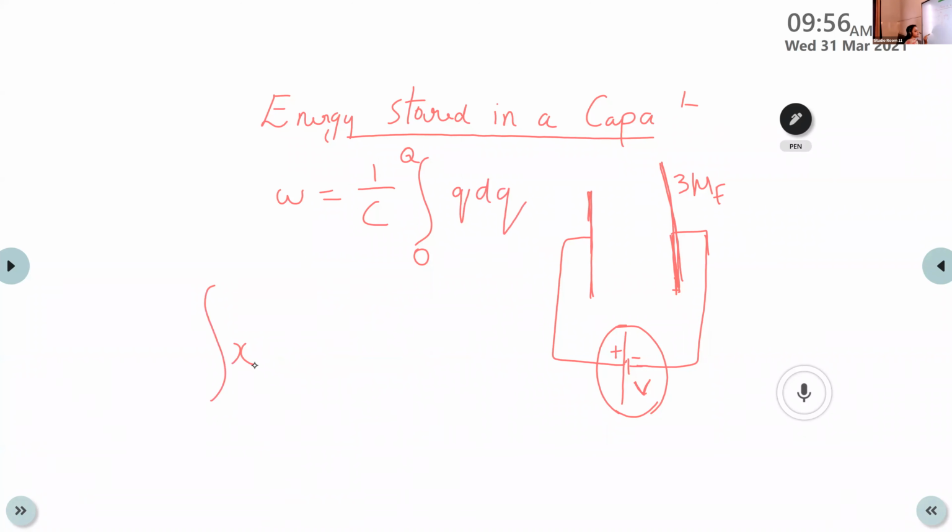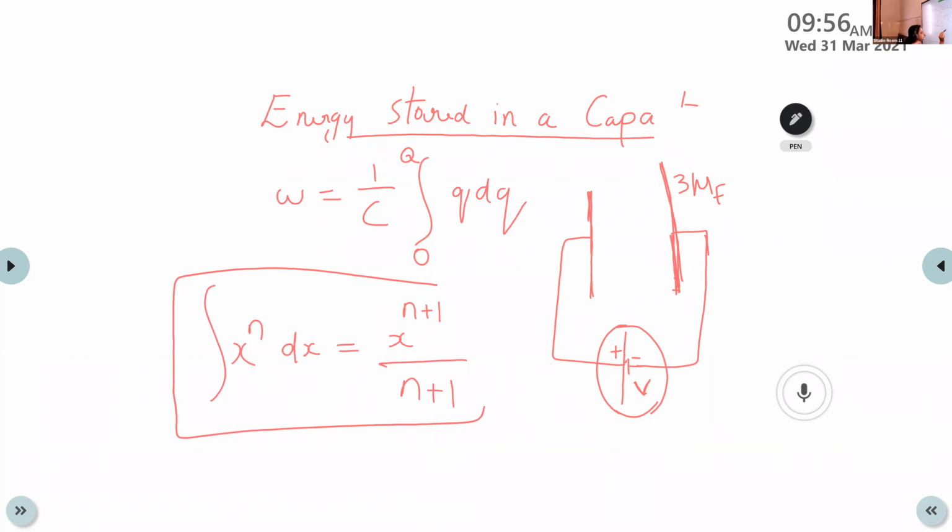Integral x raised to n dx can be solved in the form x raised to n plus 1 divided by n plus 1. This is the general formula to solve integral x raised to n dx. Integral x raised to n dx is equal to x raised to n plus 1 divided by n plus 1.